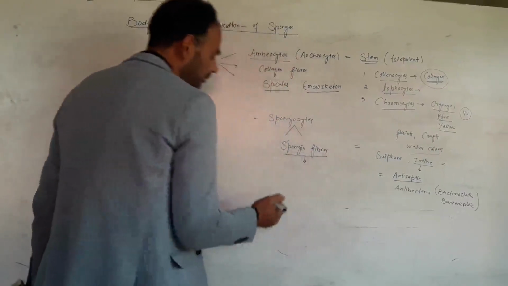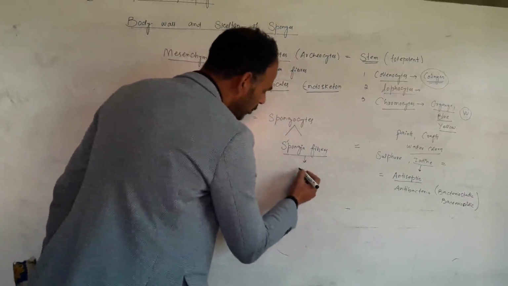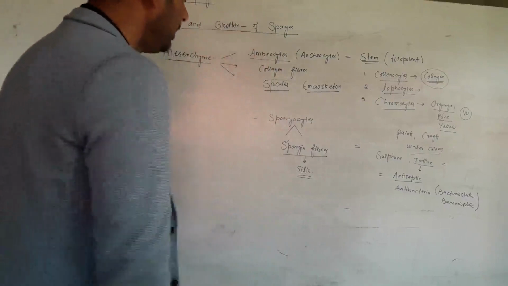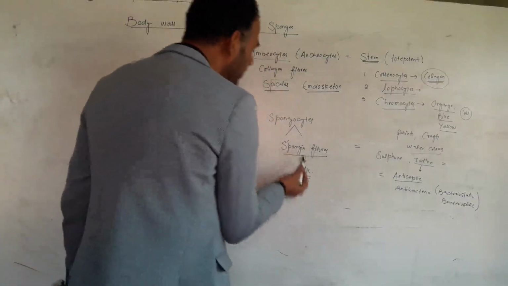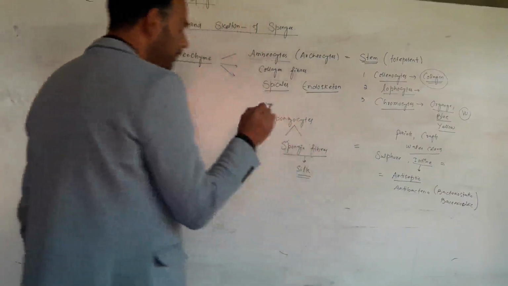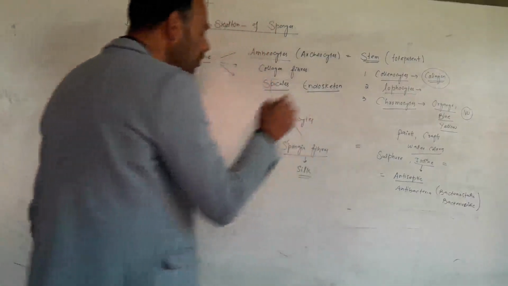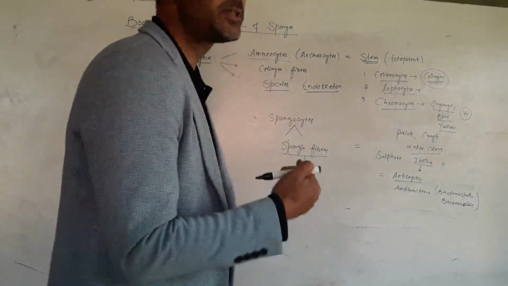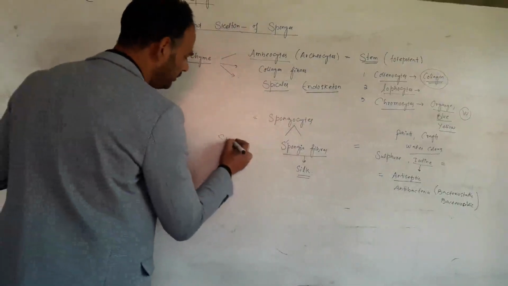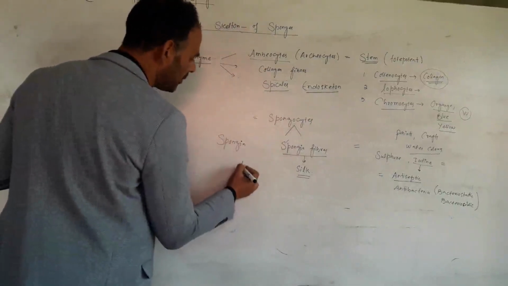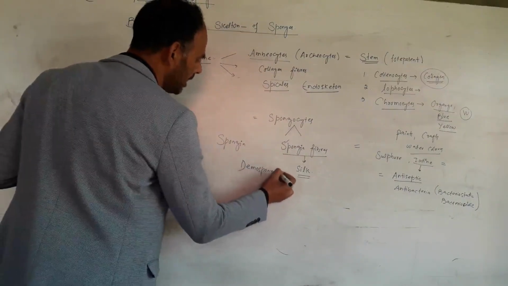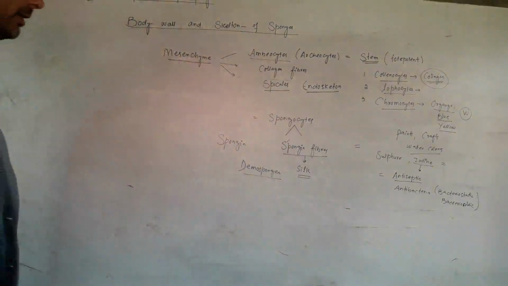These spongin fibers are also present in the mesenchyme of such species whose skeleton is spongin, for example, Demospongiae, which includes Spongilla and Radiospongilla.